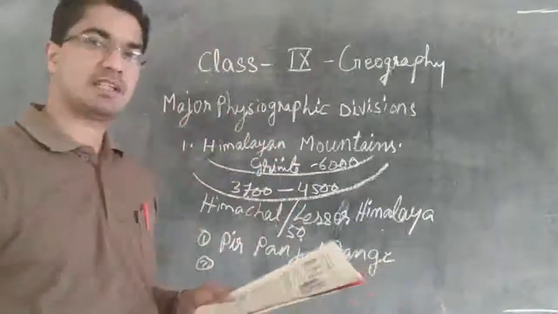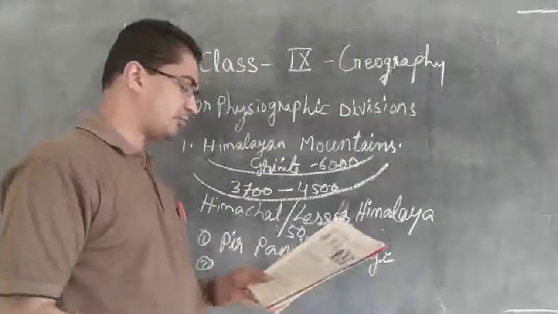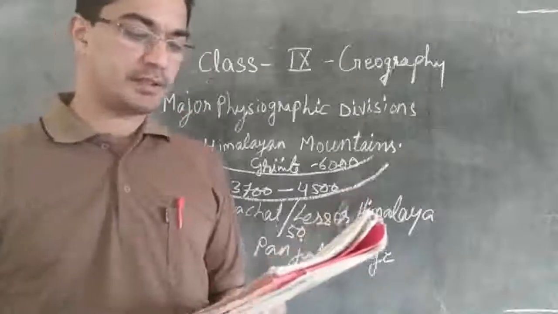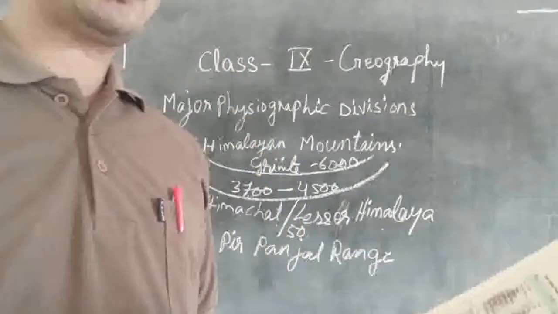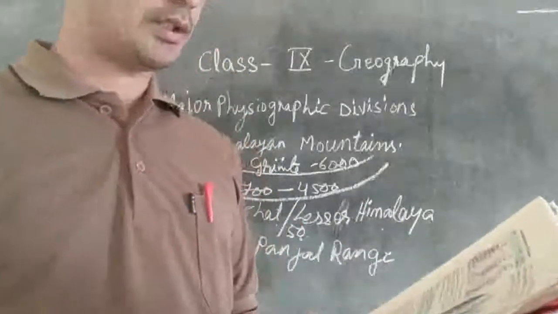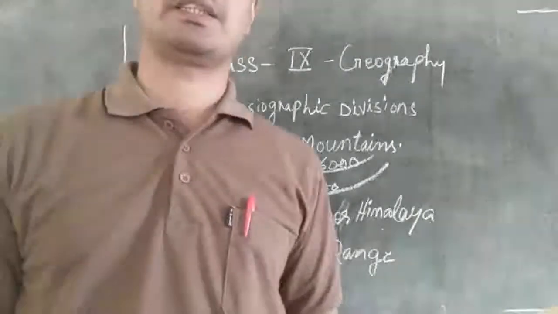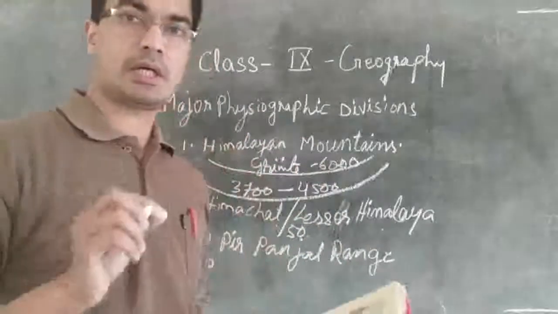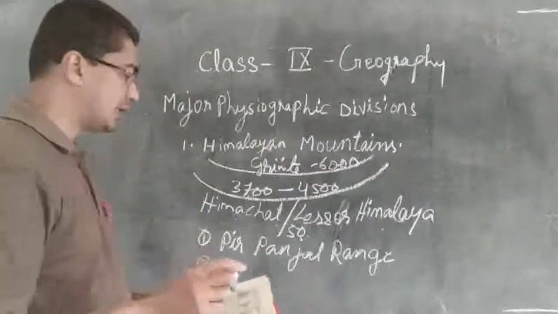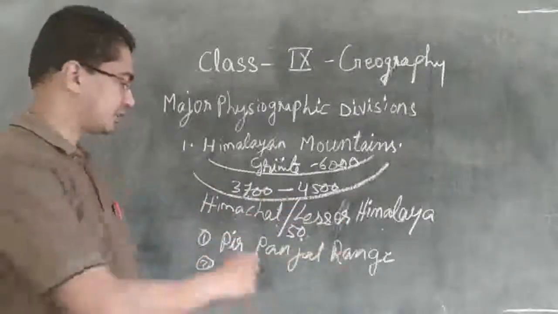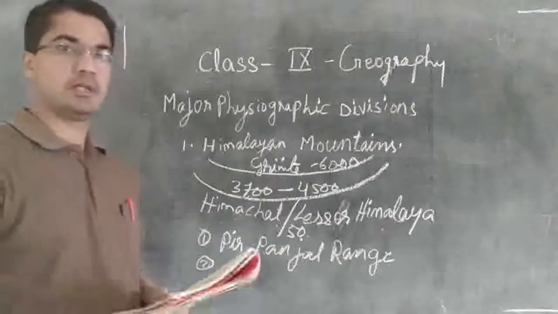Two other valleys are falling in this same range, both in Himachal Pradesh. And what are the names? One is the Kangra and the second one is Kullu. So the Kangra Valley and Kullu Valley are also falling in this second range called Himachal or Lesser Himalaya.